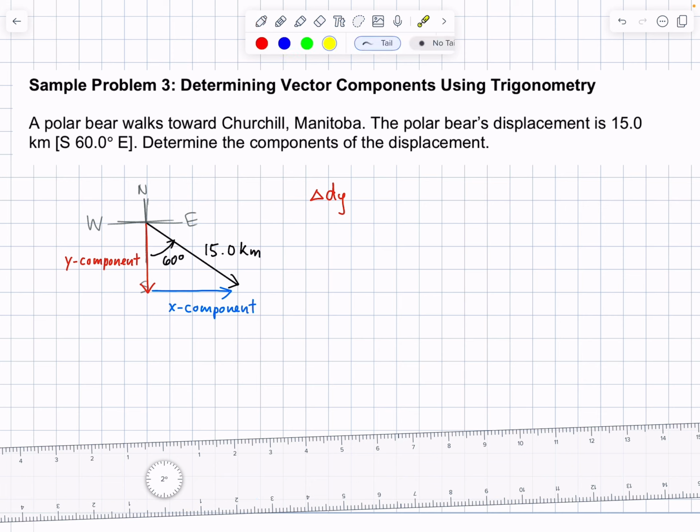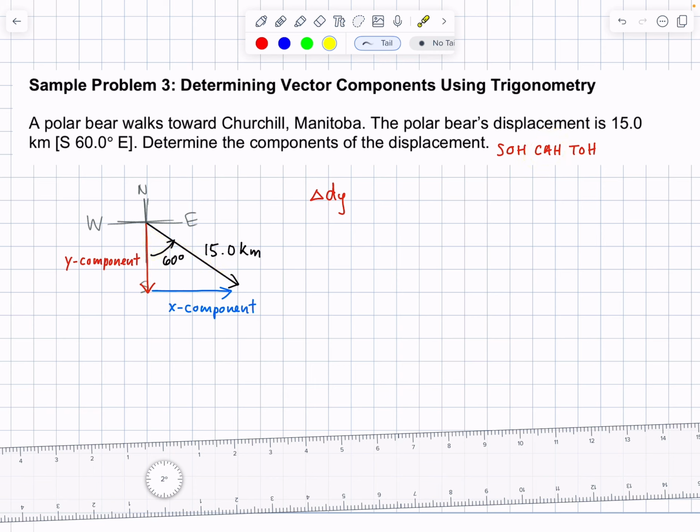In order to find the y component of this displacement, which we will call delta dy, we have the adjacent line, the hypotenuse line, and the angle 60 degrees. Using SOHCAHTOA, adjacent over hypotenuse with respect to the angle is cosine.